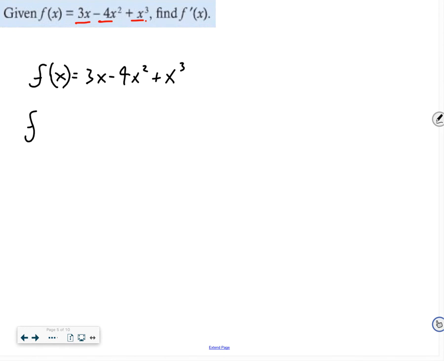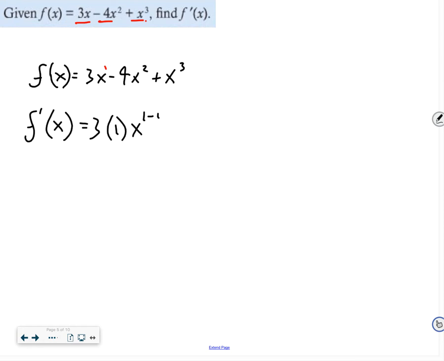So f prime of x equals, well, I get 3. Remember, there's an imaginary 1 here. So I do 3 times 1, and 1 minus 1, because it was a power there. I'm always subtracting 1, which ends up being 0.